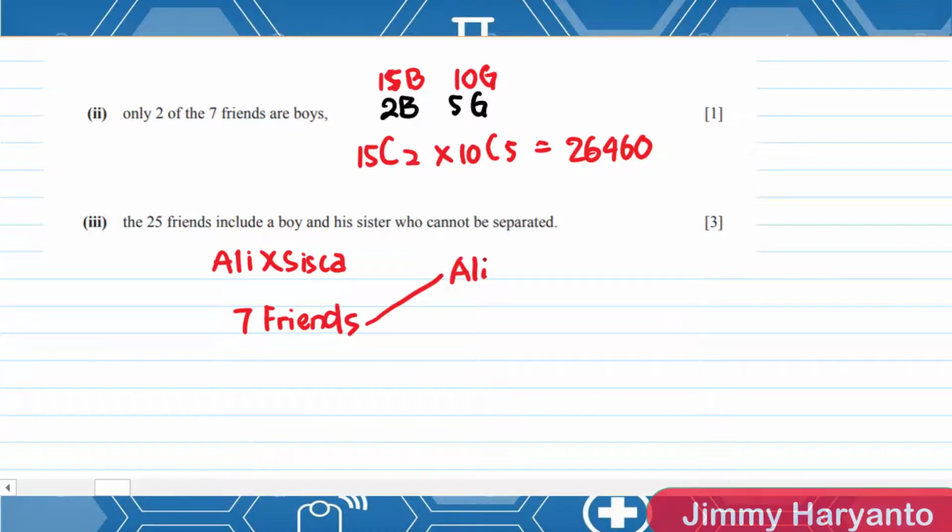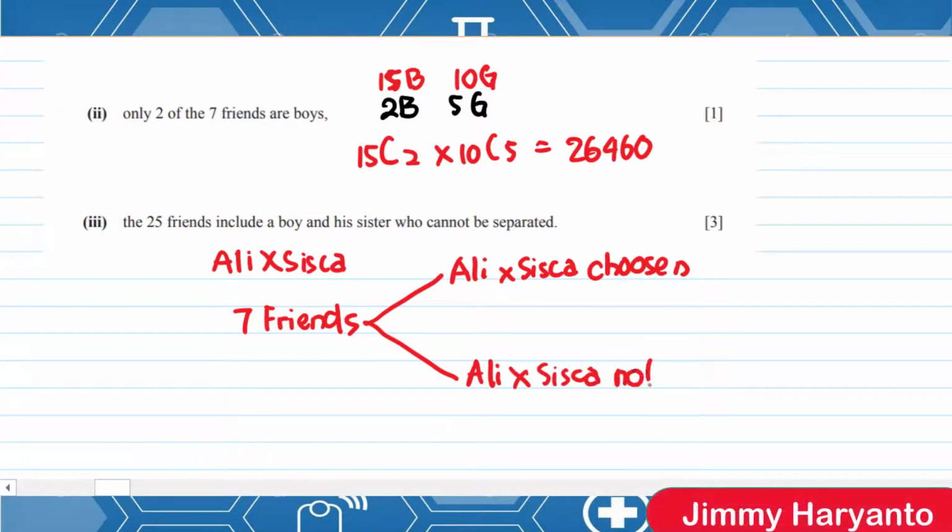Ali is chosen. If Ali is chosen, that means Siska is also chosen. But I have another condition, that is Ali is not chosen. That means Siska is also not chosen. You cannot choose only one of them because they cannot be separated.